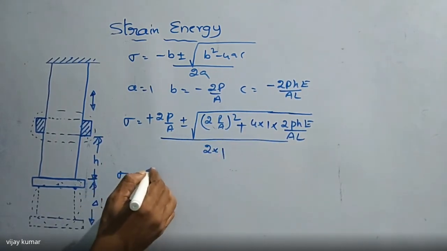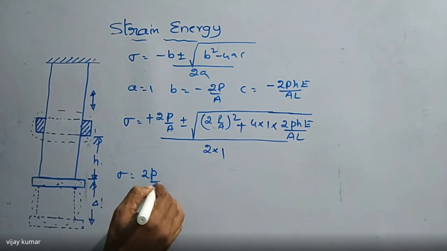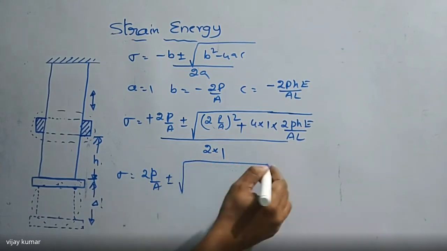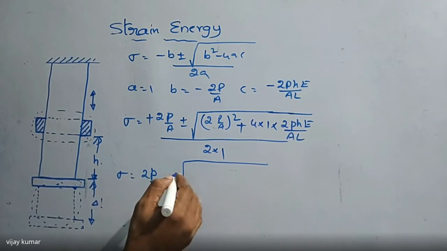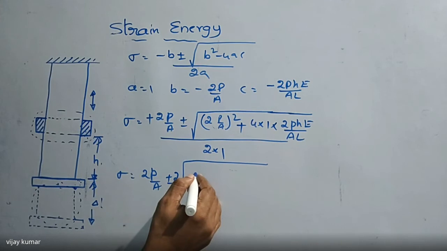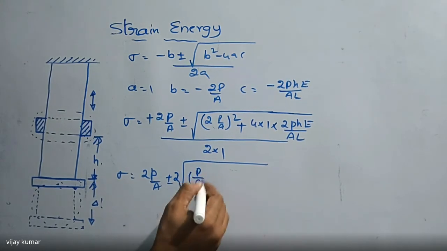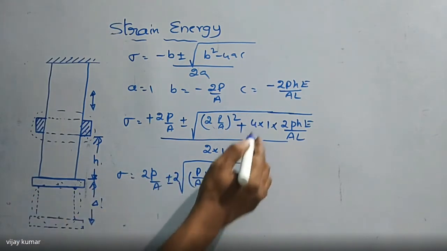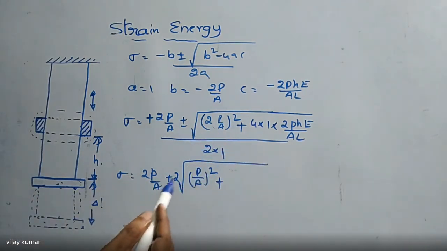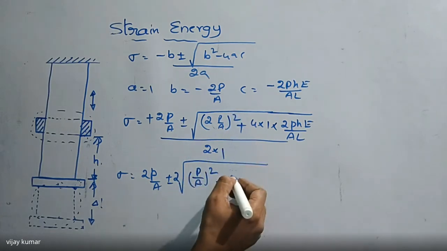Then sigma is equal to 2 times P by A plus or minus square root of. Then we can write here 2 is the common. Then I am writing here P by A whole square plus here also 2 is the common, so that is 2 square, 2 square is also there.